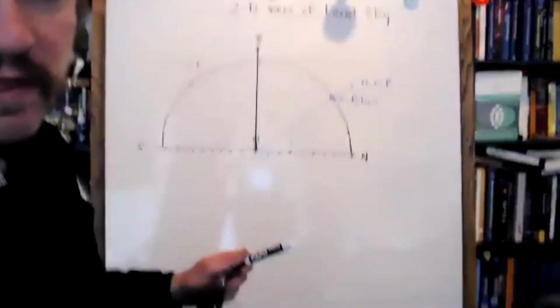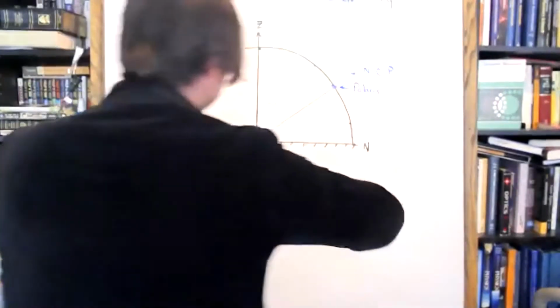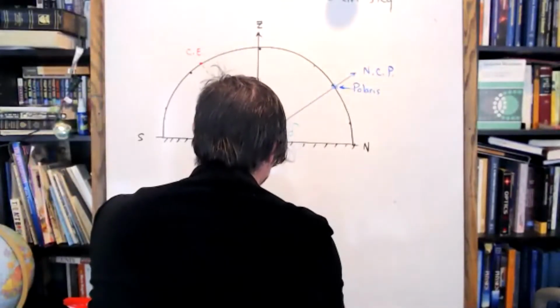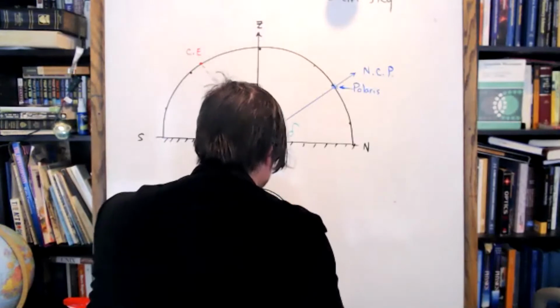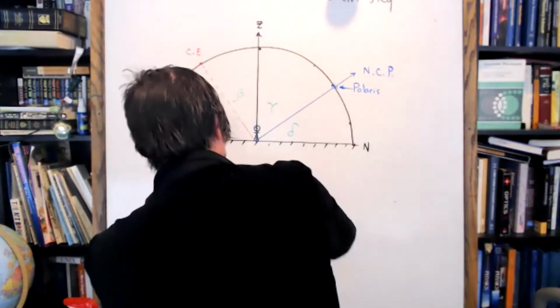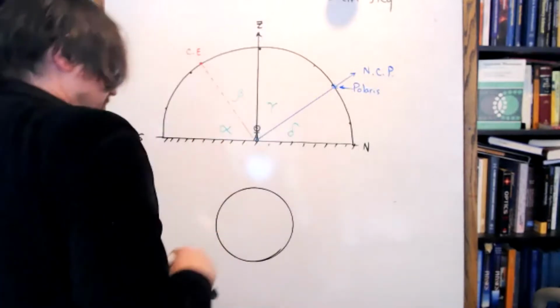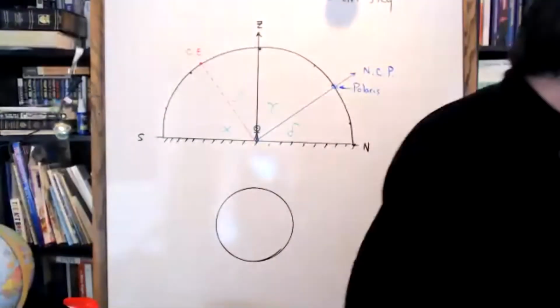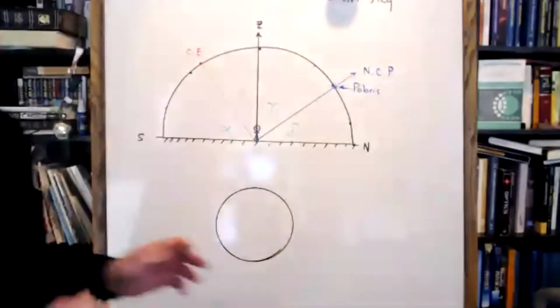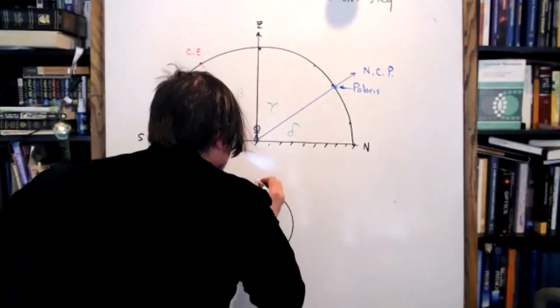Underneath, let's draw the Earth, okay? Give a little space. Let's draw a circle representing the Earth. Let's imagine we have a dude standing here.